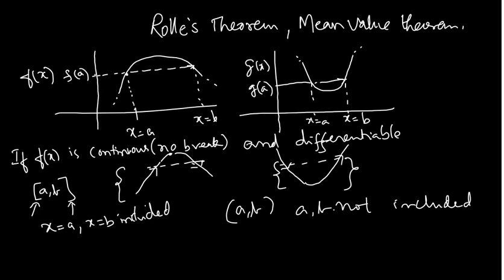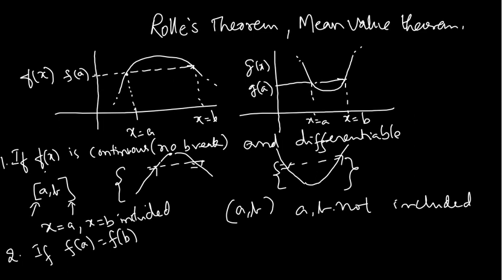If you don't get anything, that means you are getting some infinity or something like that when you try to differentiate, then that particular thing is called non-differentiable.